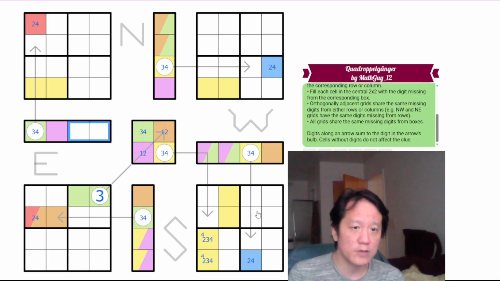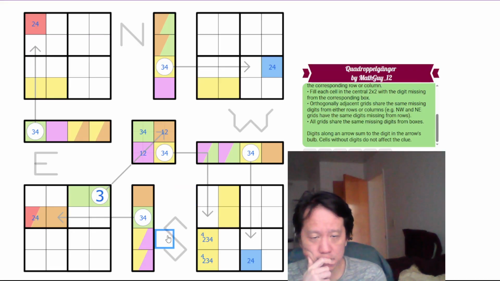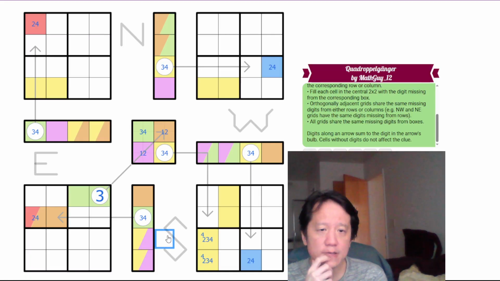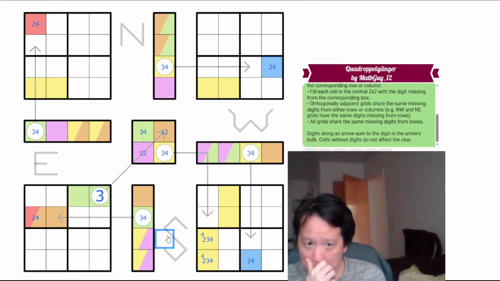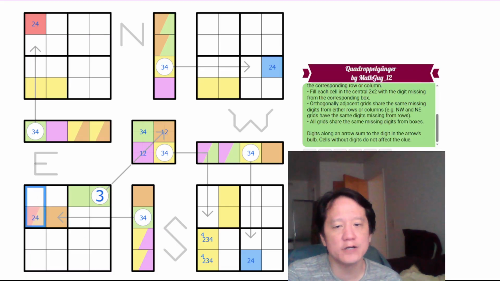This has to be yellow and orange missing. Pink in column 1 here has to be one of these two.